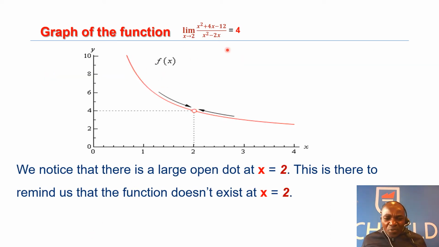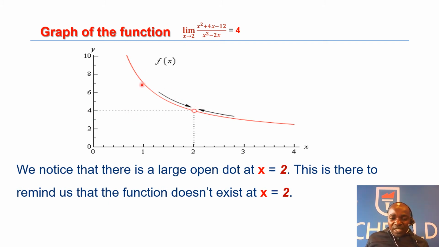Here's the graph of our solution for the limit of (x squared plus 4x minus 12) divided by (x squared minus 2x) as x approaches 2. As you can see here, x is approaching 2 from both sides. So as x approaches 2 from the left side, our f(x) is approaching the value of 4, which is the value of y.